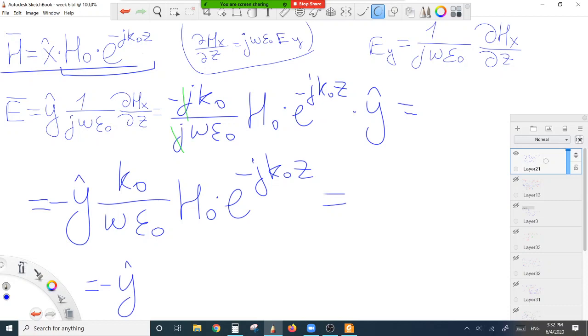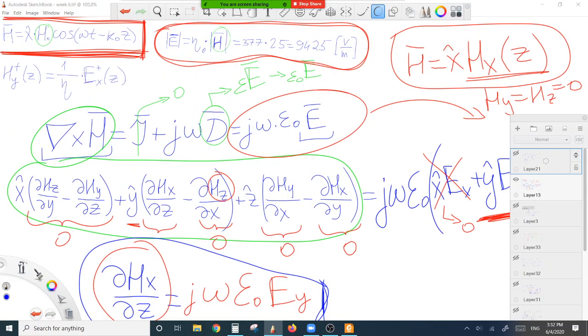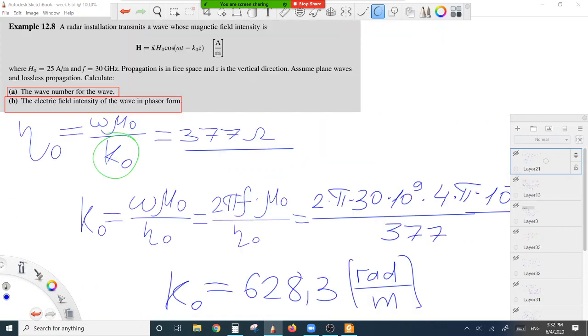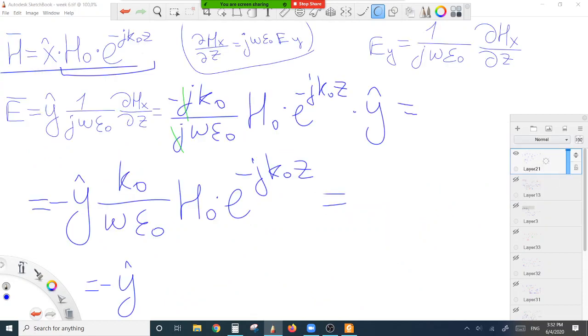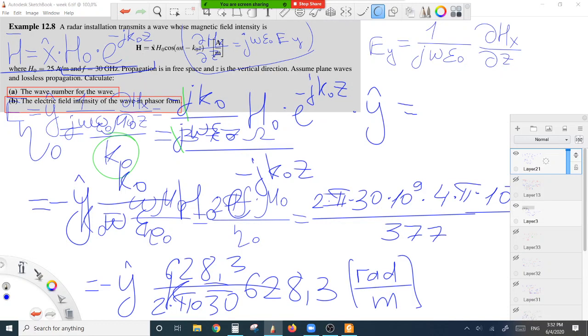What was k0? k0 was equal to 628.3, over omega, which was 2 pi f, or 2 pi, and the frequency was, if I'm not mistaken, 30 gigahertz.